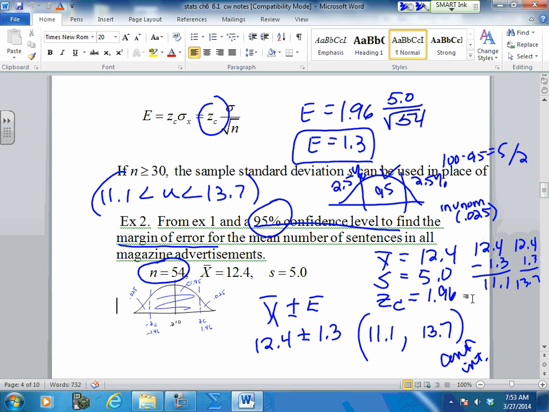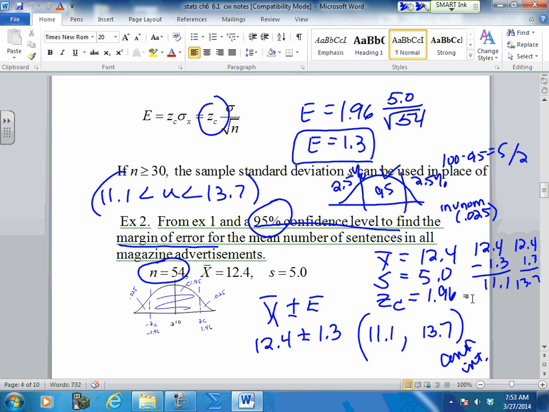Remember, this is called inferential statistics. Right now, we figured out from our sample of 54 articles, we saw how many sentences each advertisement used. We don't know what the population does. So we're inferring this information to figure out what the population does.